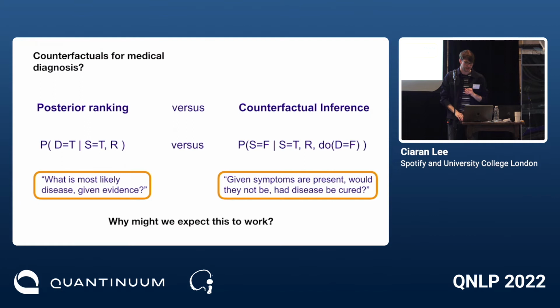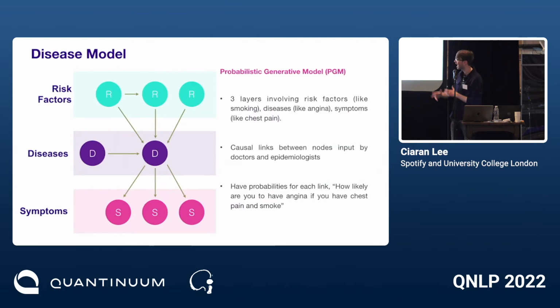The question is, if I want to diagnose a patient, how should I do it? I have this big model that's been given to me by experts. A patient comes in, and we take from them what symptoms are present. Did they have a cough? Did they have a headache? Various things like this. I then input these into my model, and what I want to do is infer the disease that's causing these symptoms.